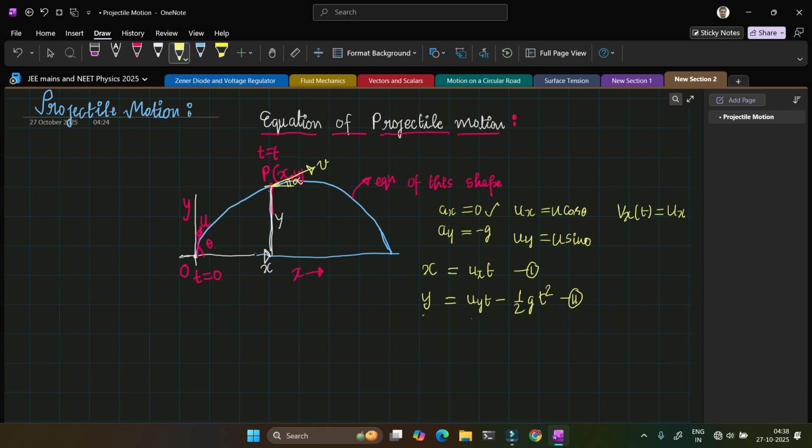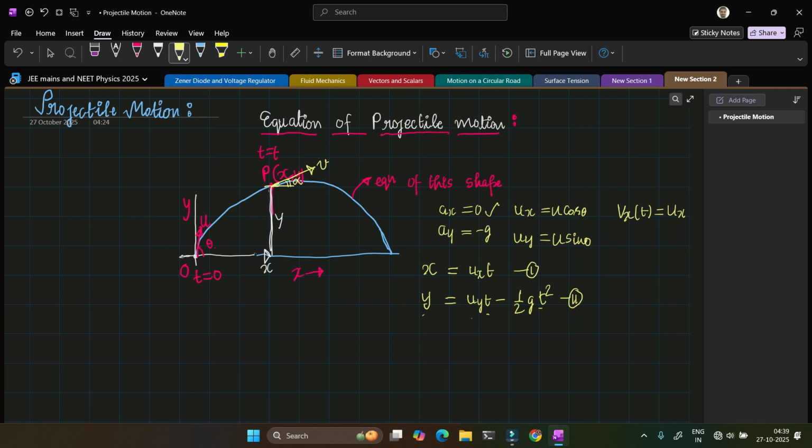And we want to find a relationship between x and y, because we want to find the equation of this projectile motion. We don't want time dependence in x and y. That's why we eliminate time t from equation 1 and substitute its value in equation 2.